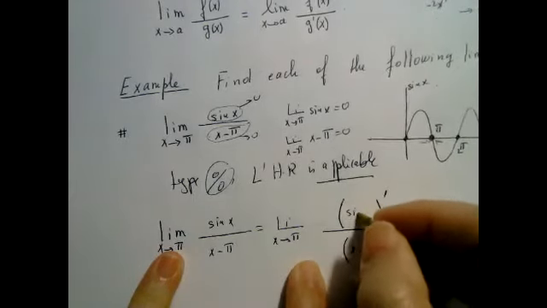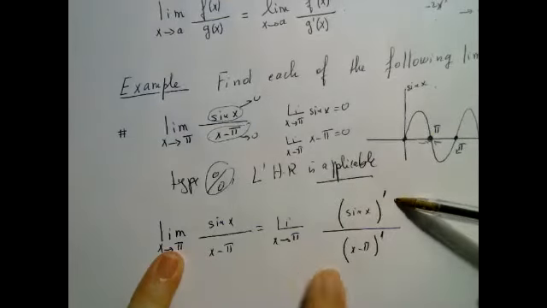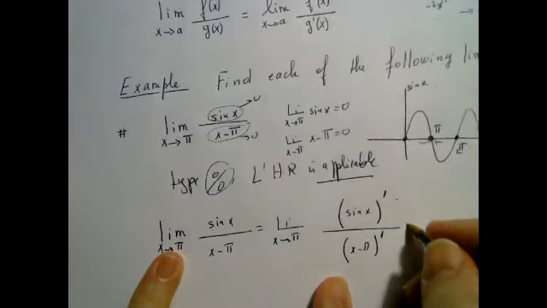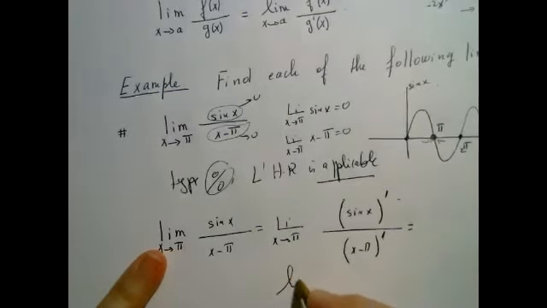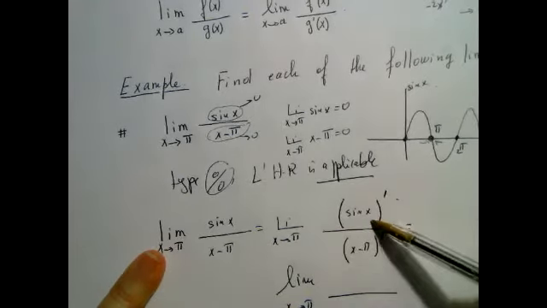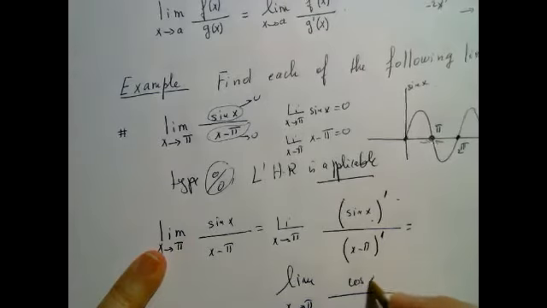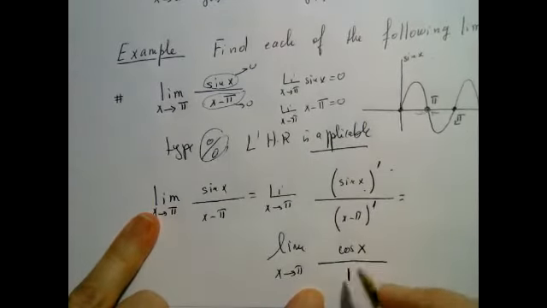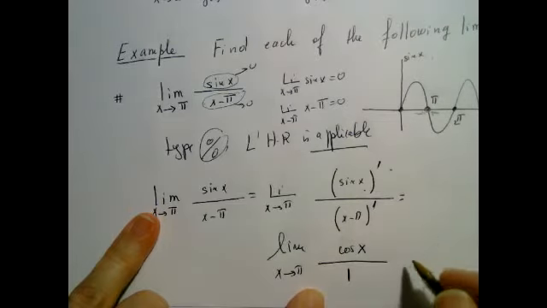It's not the derivative of the whole thing. It's the derivative of the numerator over the derivative of the denominator. So this will be equal to the limit as x goes to pi of the derivative of sine, which is cosine of x, over the derivative of x minus pi, which is 1 minus 0. And now we don't really have an issue anymore.